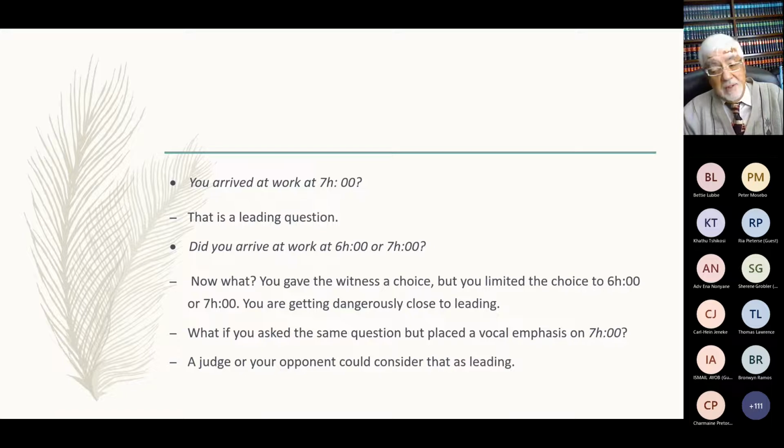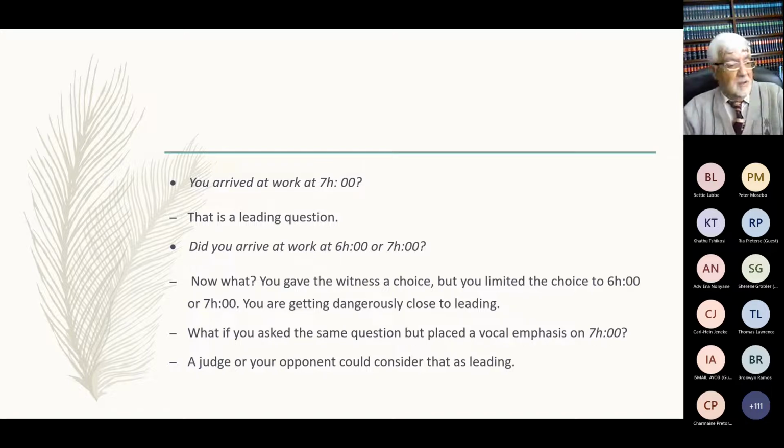Now, how about this one? Did you arrive at work at 6 o'clock or 7 o'clock in the morning? Now what? The witness has a choice. The witness is limited to 6 or 7. That is not, strictly speaking, a leading question. But the same question with vocal emphasis on 7, it will sound like this.